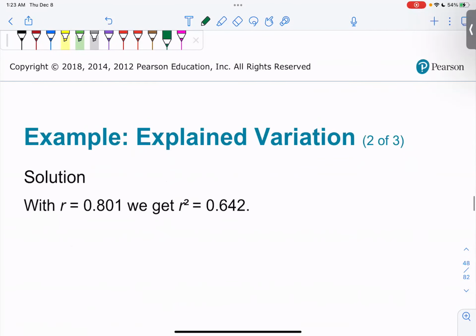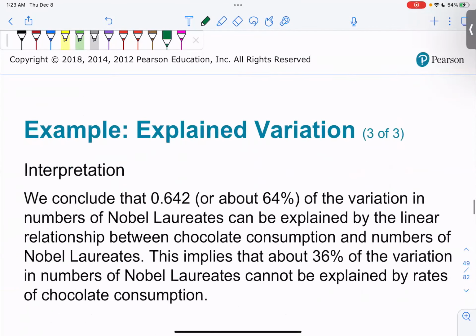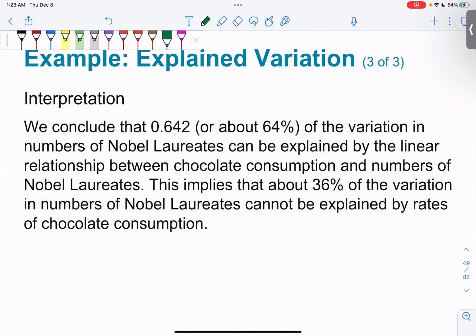So here R squared is 64.2%. So 64.2% of the variation in one variable can be explained by using the other one. Again, this should be used more when we study regression.